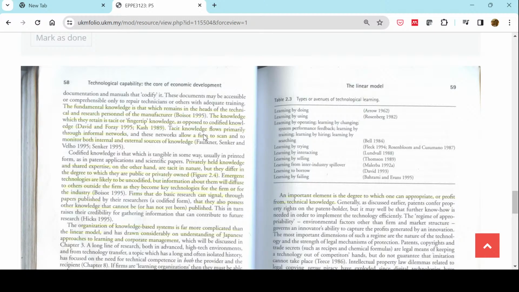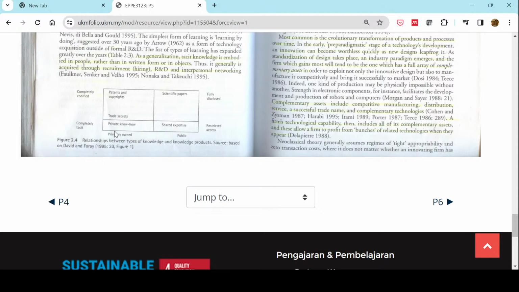On the left, completely codified, and completely tacit, the two extremes. And on the horizontal is whether privately owned or public.